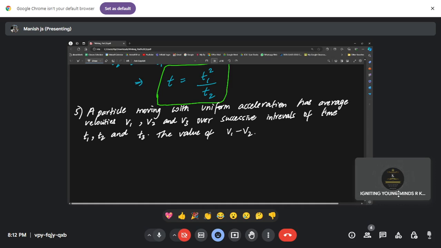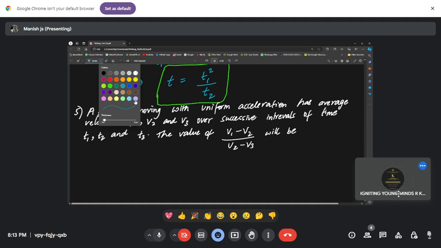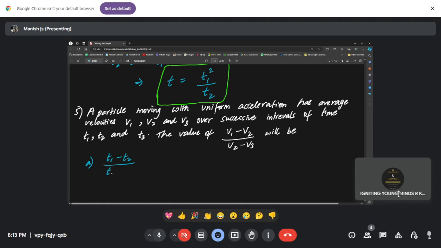The value of v1 minus v2 upon v2 minus v3 will be, so you have options here. Option A, t1 minus t2 upon t2 minus t3.